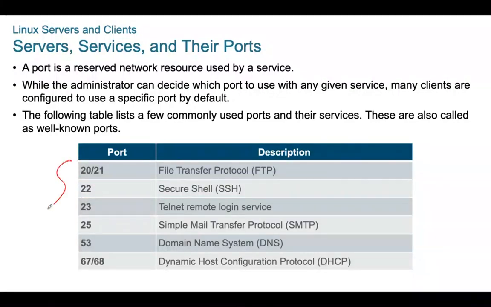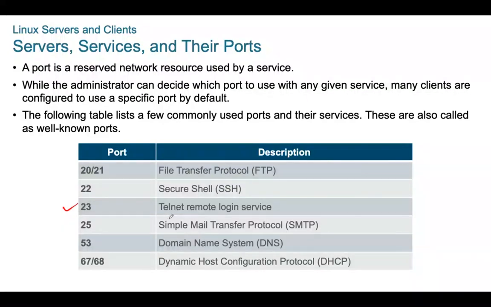It is very important for this course, as well as for a network administrator, to remember these numbers. 20 and 21 mean FTP service, so 20 and 21 are reserved there. 22 is used for SSH, secure shell. Shell means, as we are saying, console or terminal. So securely you are connecting through the terminal.